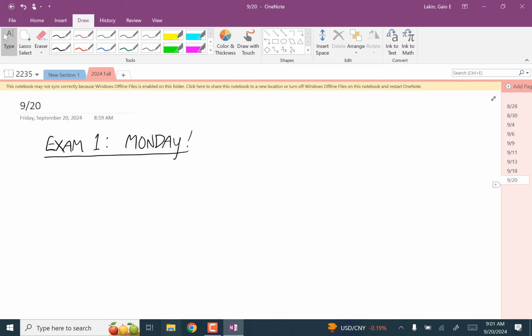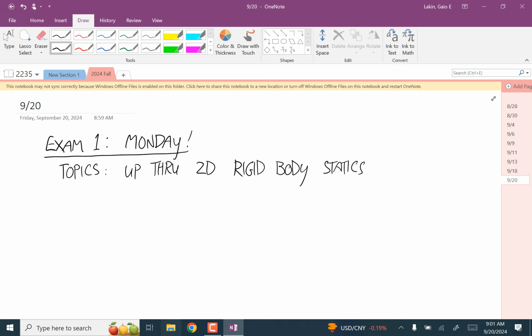So none of the 3D stuff that we're doing now is going to be on it, but there can be statics problems that are 2D. So it won't have any of this 3D stuff on there? Correct, none. Are you allowing any notes? No notes, but I'll give you any equations. But in this class, there isn't much for equations either.